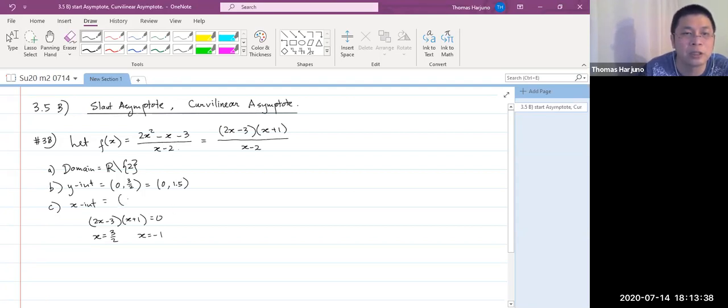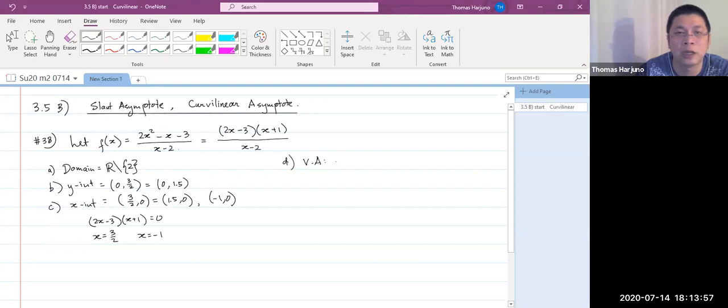Then it translates into x-intercepts (3/2, 0), which is also (1.5, 0), and (-1, 0). Part D, vertical asymptote, that's x equals 2.